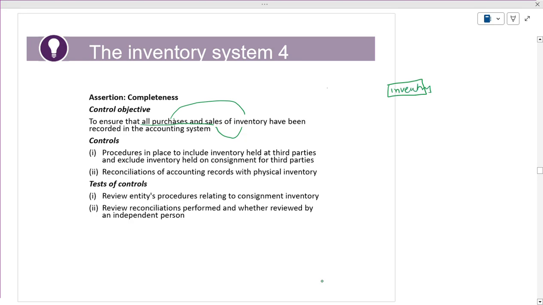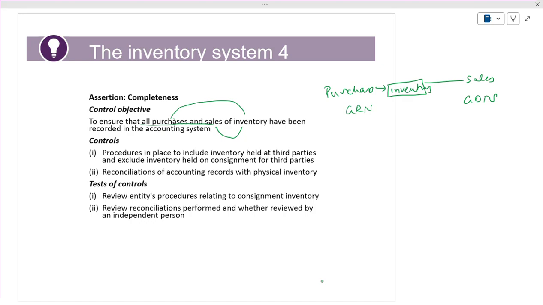On one side you are talking in terms of purchases and on the other side in terms of sales. The objective is to ensure that everything has been recorded. Purchases, goods received note. Sales, goods delivery note. You have to record the incoming and outgoing.